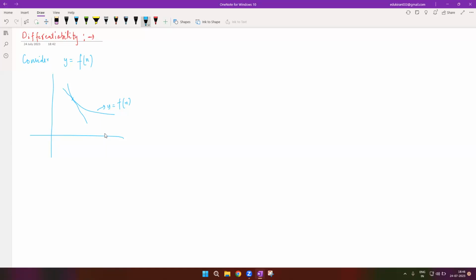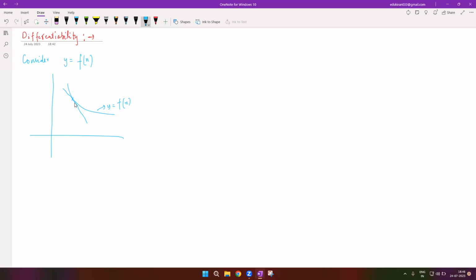So in physical terms, we say that a tangent can be drawn on this curve, right?